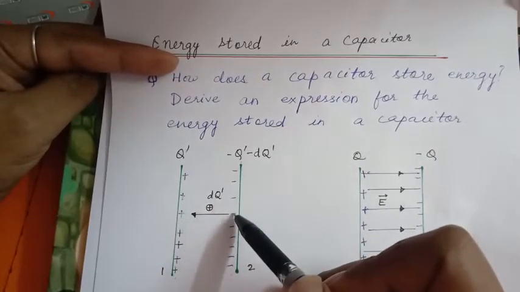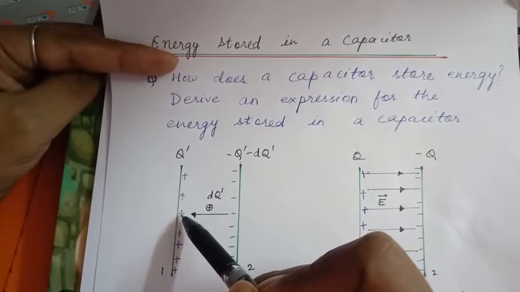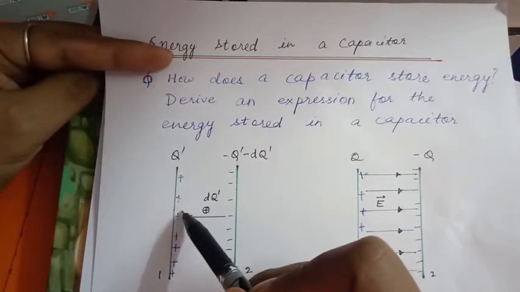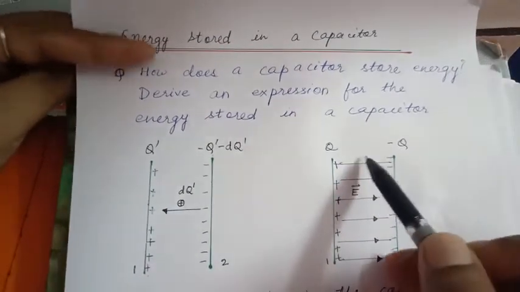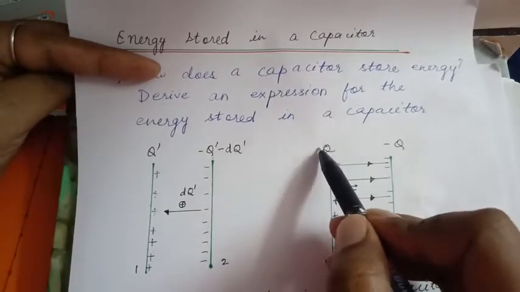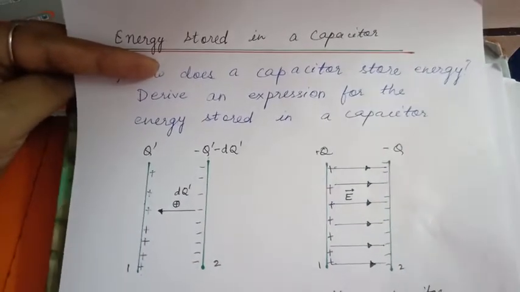While transferring this dq dash charge from the second plate to the first plate, work has to be done against the electric field. As you can see, this is the final position, when total plus Q positive charge is gained on this plate and negative charge is gained on this plate.